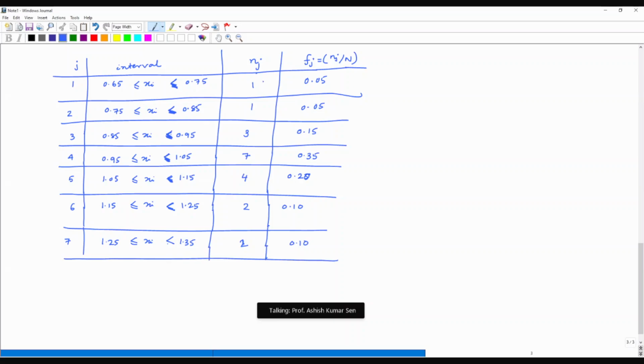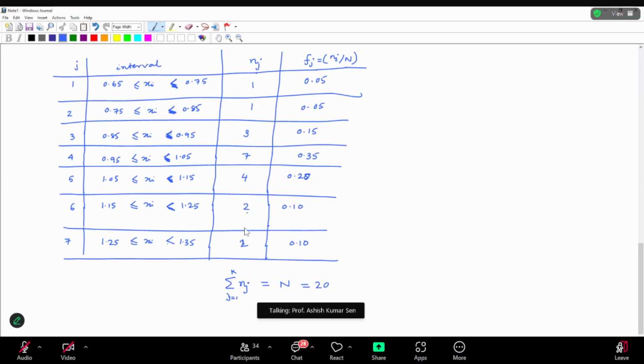One is that if you add all the nj's, your sum of nj, j equal to 1 to some k, should be equal to the total number of data points, and in this case it should add up to 20, right? So 2 plus 3 is 5, 7 is 12, 16, 18, 20, right?